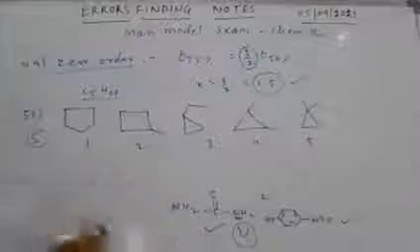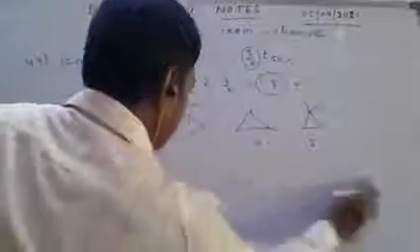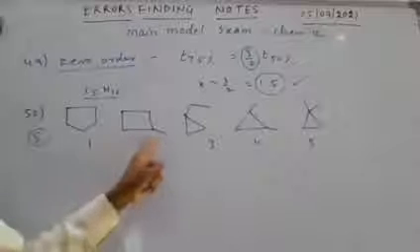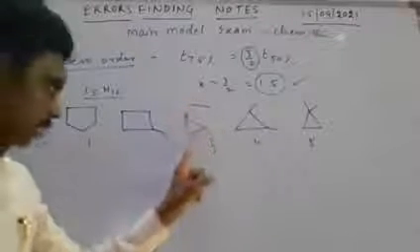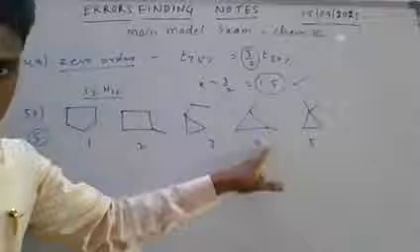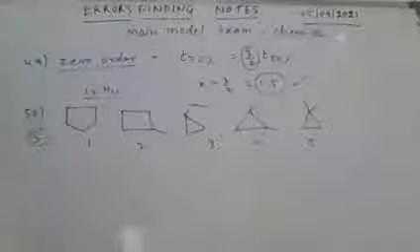So 1, 2, 3, 4, 5 possibilities are there. Question number 50, integer value 5. C5H10, number of possible cyclic isomers: 5 possibilities. Cyclopentane, methyl cyclobutane, ethyl cyclopropane, 1,2 dimethyl cyclopropane, 1,1 dimethyl cyclopropane. These are the possibilities for C5H10. Okay, thank you.